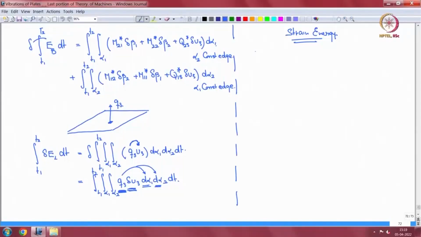So if we look at the assumptions from Love, then capital U1, which is a function of alpha 1, alpha 2, alpha 3, and let me just remind you that although I am using this alpha notation, alpha 1 is x, alpha 2 is y, alpha 3 is z for the plate.